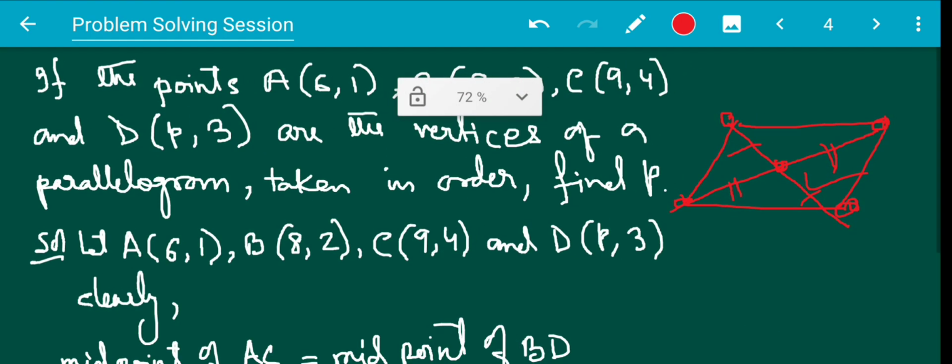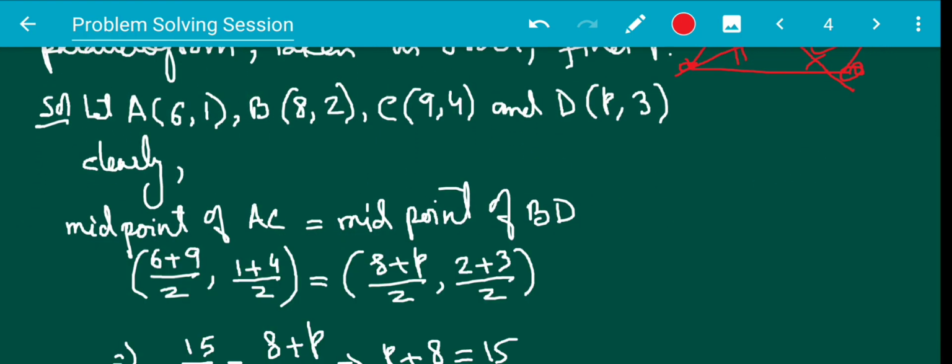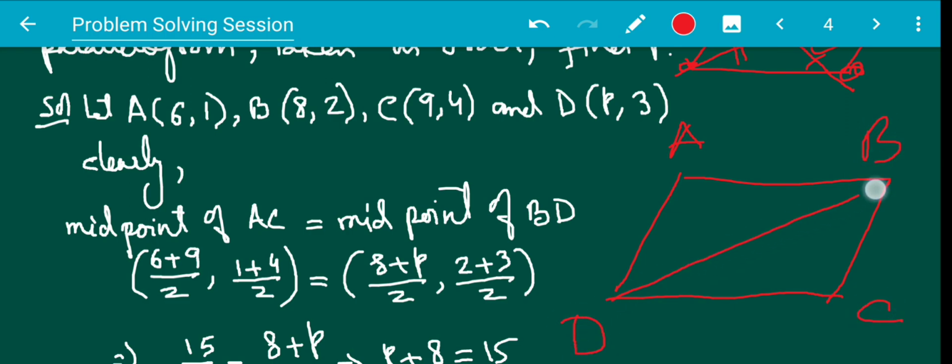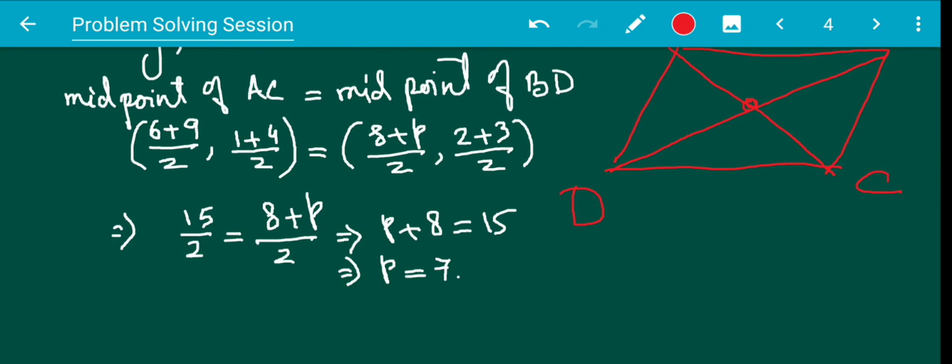So if we apply this theory, then midpoint of AC must be equal to midpoint of BD. So these points are in order, so this is nothing but A, B, C, D. So diagonal BD and diagonal AC. So this point is the midpoint for AC also and BD also. So if we put the values, we can see that we equate this x coordinate.